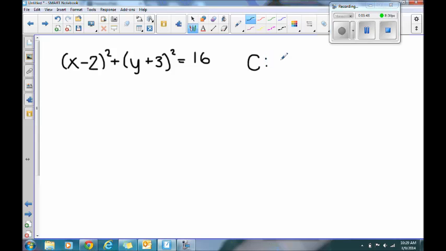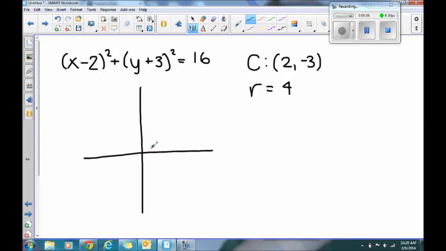The center of the circle, if we change the sign of our expressions, should be at (2, -3). The radius of this circle is going to be 4, which is the square root of 16.